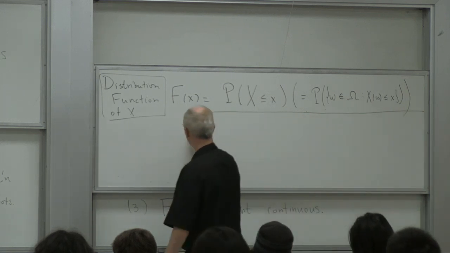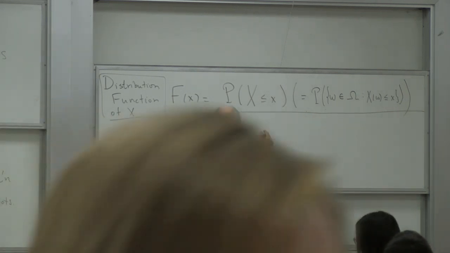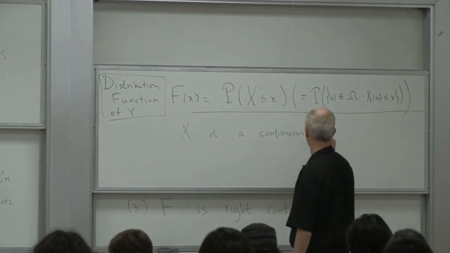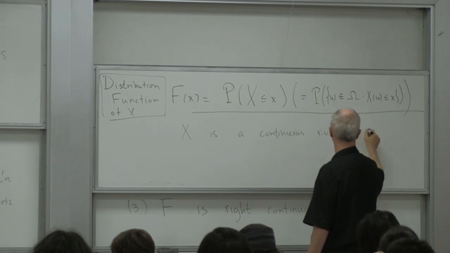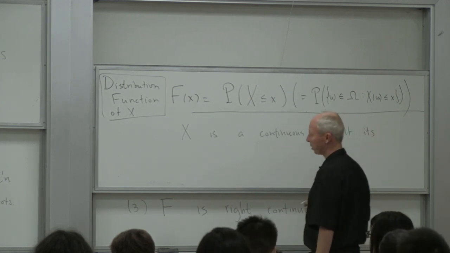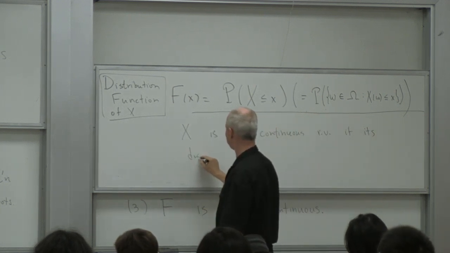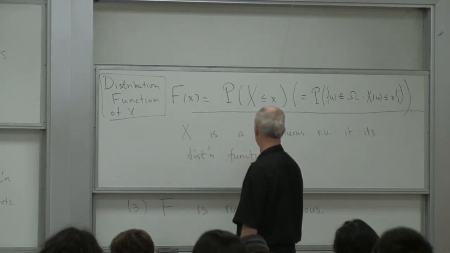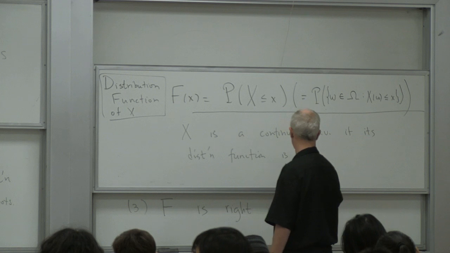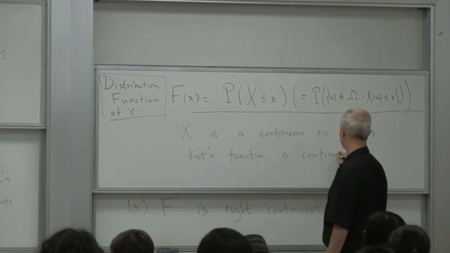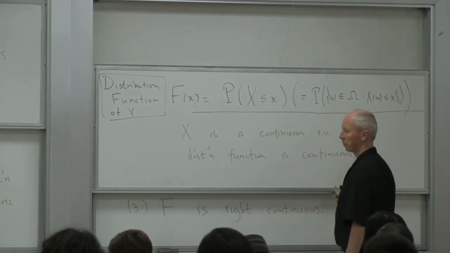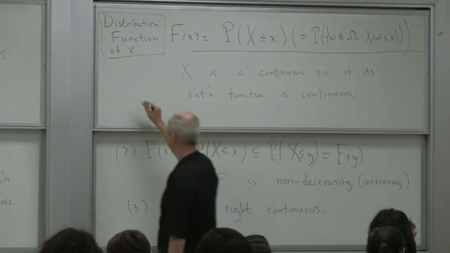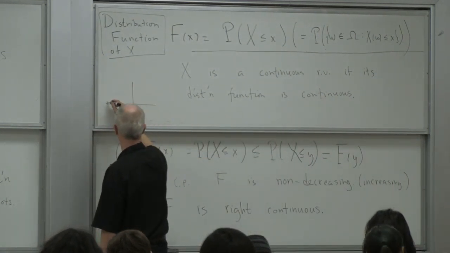X is a continuous random variable if its distribution function is continuous. So here the graph of the distribution function would have to look something like this.